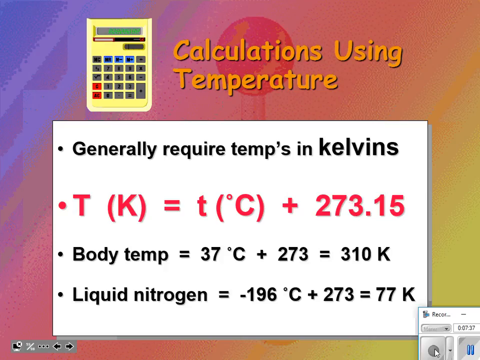So getting back onto that, the Kelvin scale does not have negative numbers. So the lowest that you can possibly get Kelvin is 0. Okay? The lowest that the Kelvin scale will go is 0.